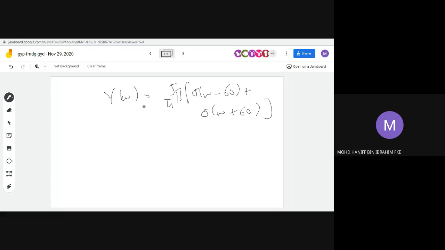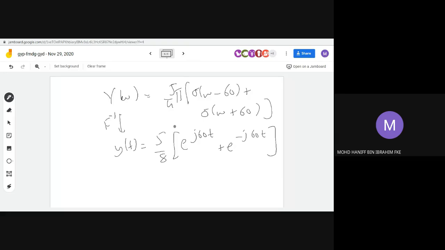So to find y(t), we need to do the inverse Fourier transform. We're going to have y(t) equal to 5 over 8, exponential of j60t plus exponential of negative j60t.